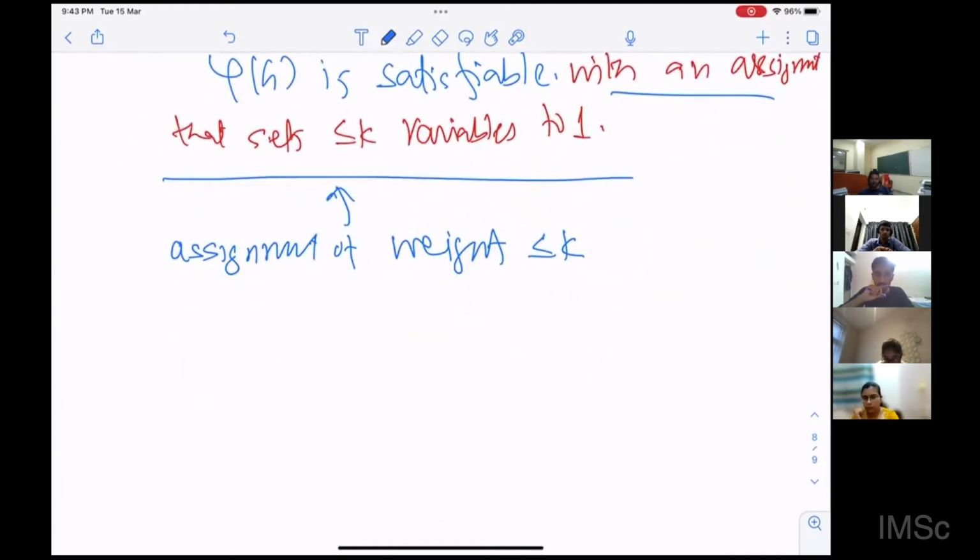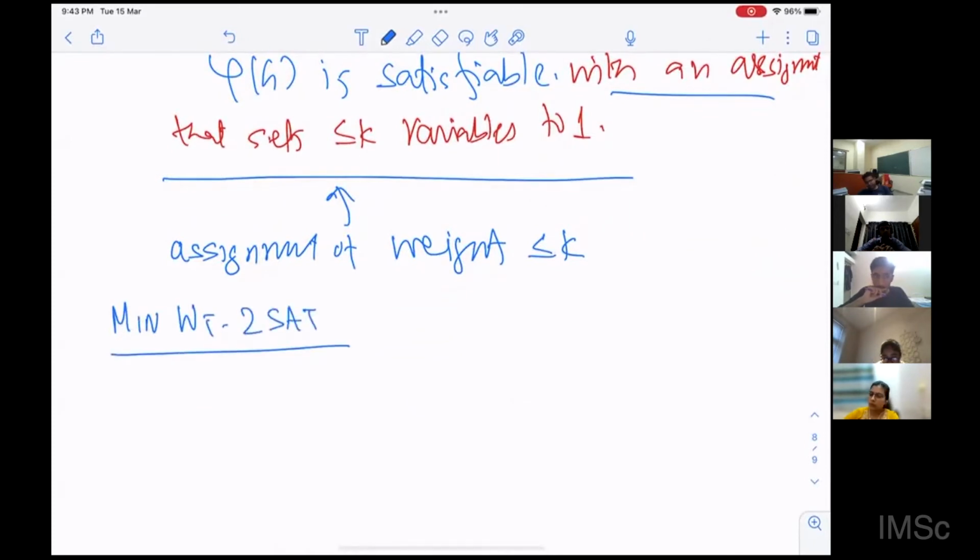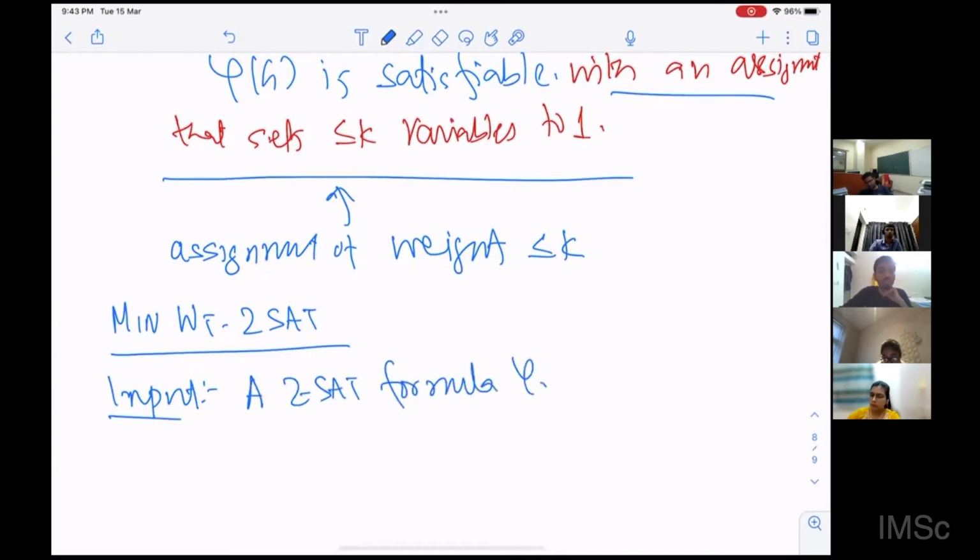Now here is another question that comes. Min weight TwoSet. What is my input? A TwoSet formula phi.